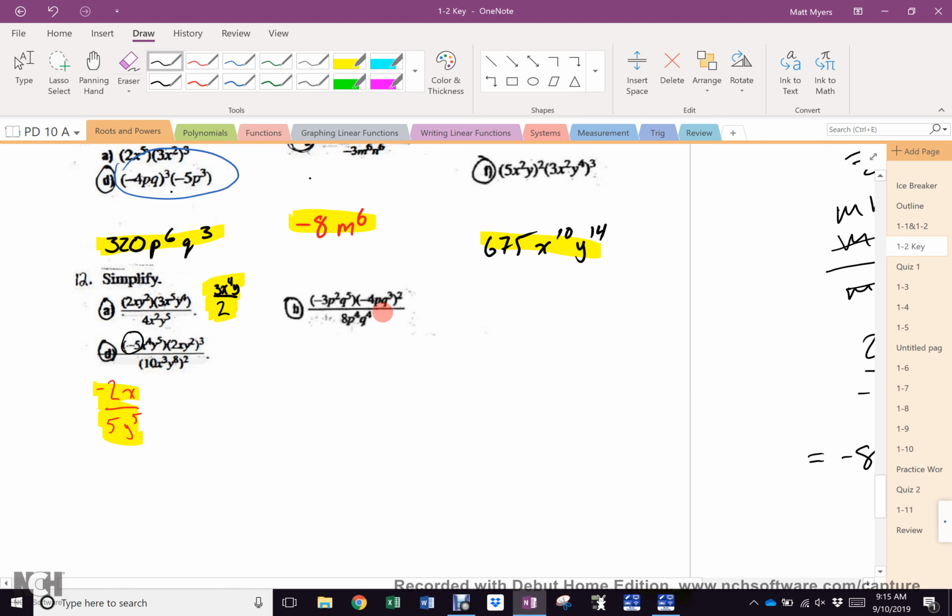Isn't B the exact same as this one and this one? Isn't it something times something divided by something? Okay, so I see. Now, don't numbers have to work with numbers? So I see a negative 3 times a negative 4.